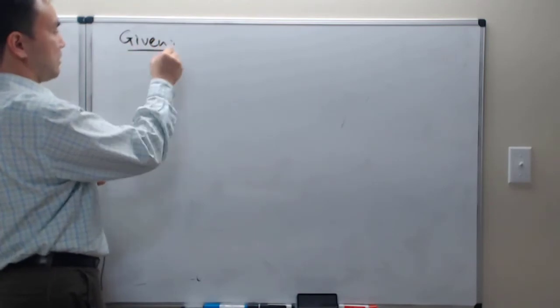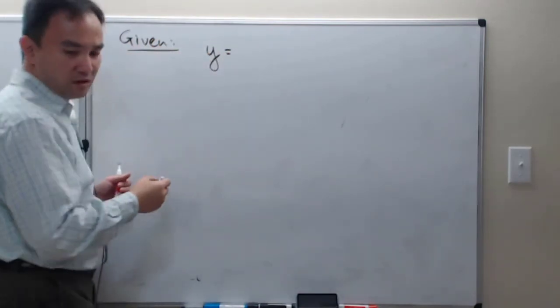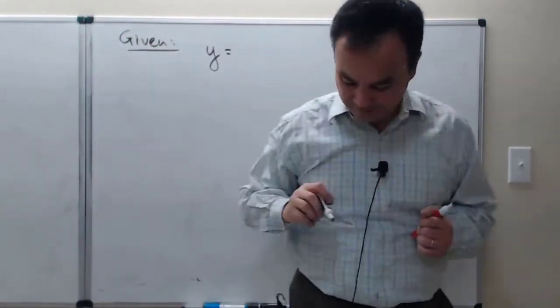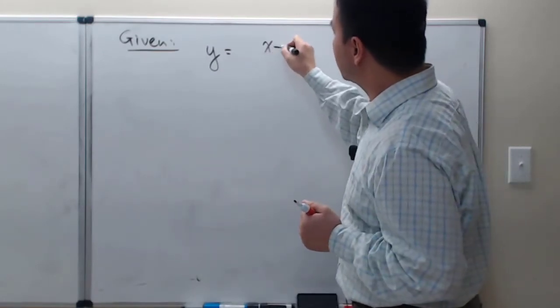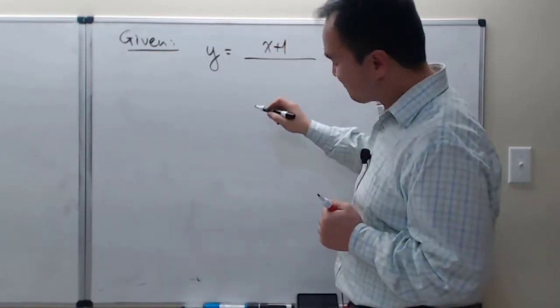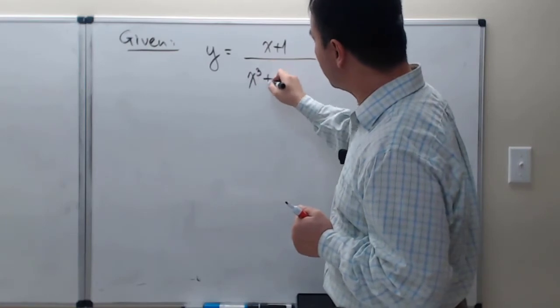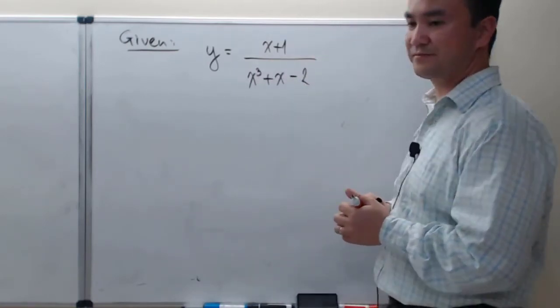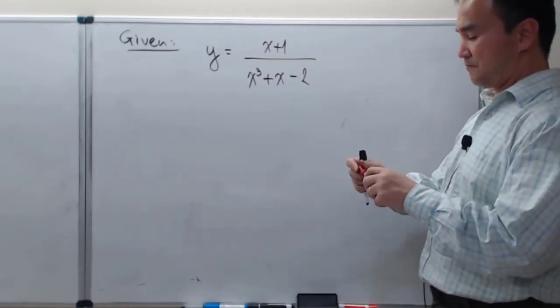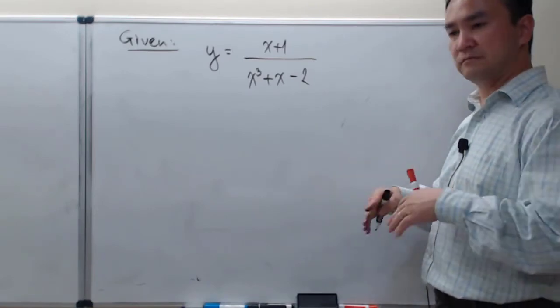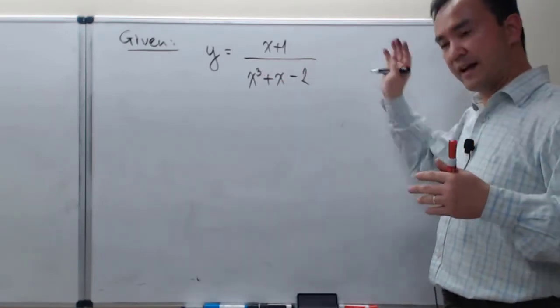So let's say now we're given y equals (x plus 1) over (x cubed plus x minus 2). For something like this, good luck with the breaking down.